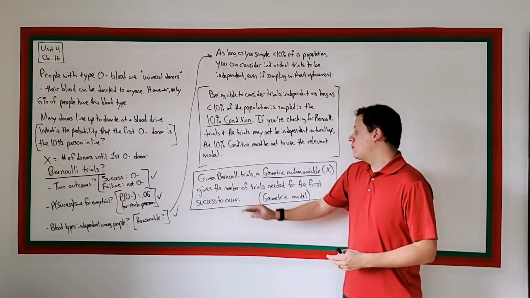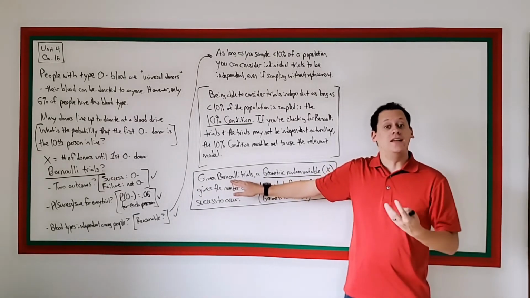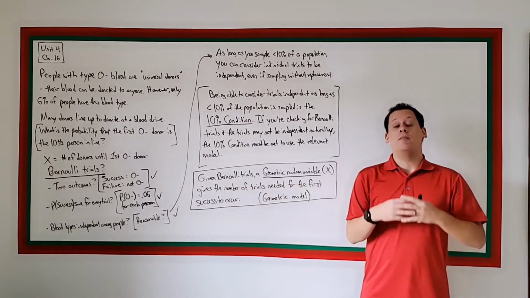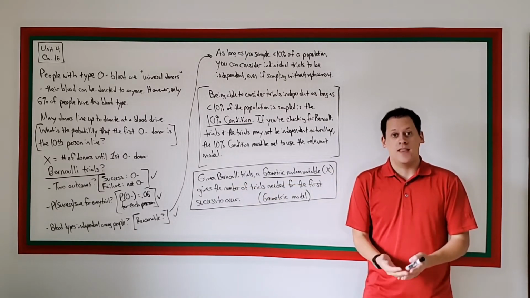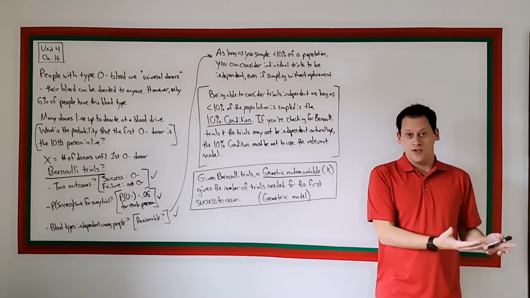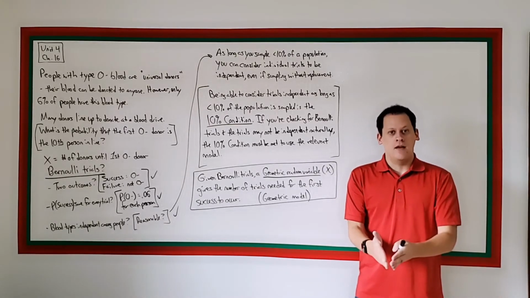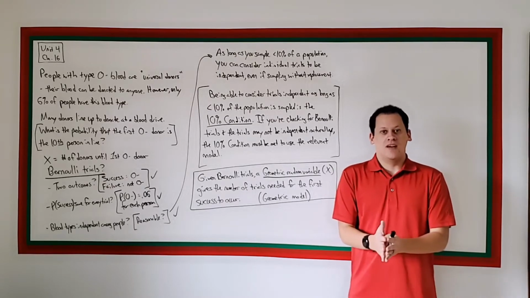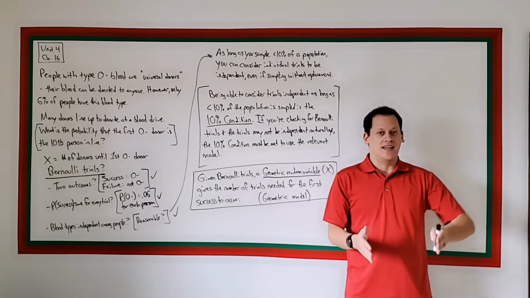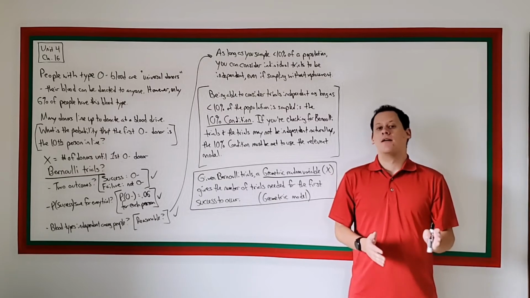Okay, so Bernoulli trials, we knew that we needed to check for these for a binomial random variable. That is, how many successes in how many trials. Geometric is much more specific. You can only use geometric random variables if you're wondering how many trials it takes for the first success to occur.